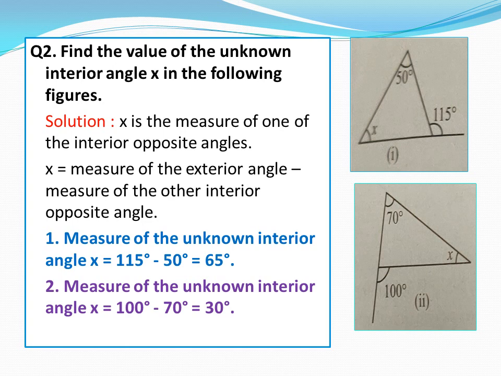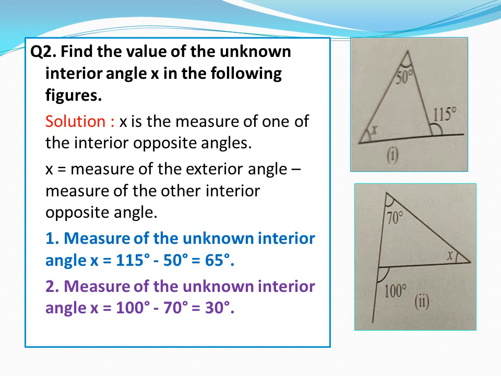Okay, let us see the second one. Measure of the unknown interior angle x is equal to, and all of you look at the diagram. What is the measure of the exterior angle? All of you have seen? Okay, 100 degrees. And what is the one opposite interior angle given? 70. Can you find the other angle by using the exterior angle property of a triangle? Yes, of course. So what is the answer?